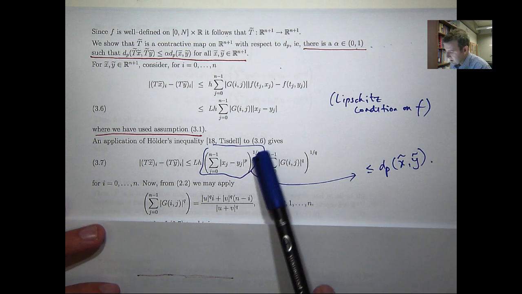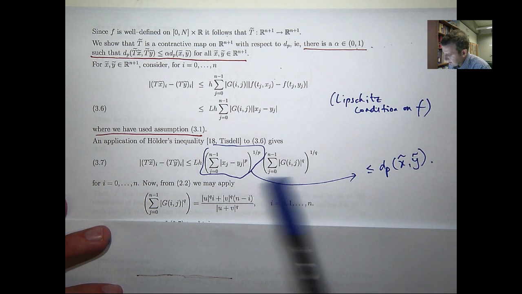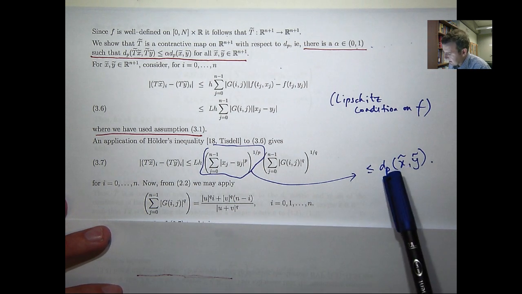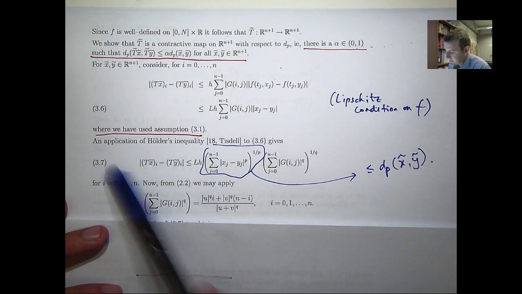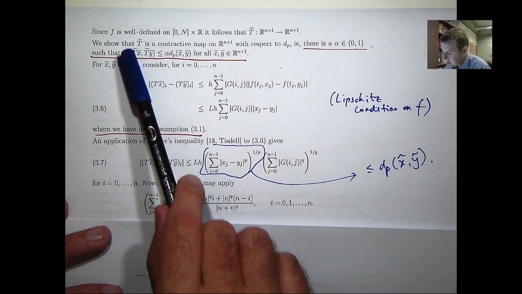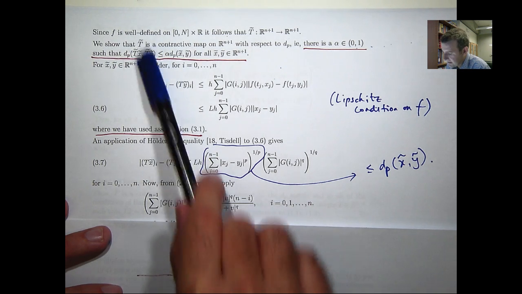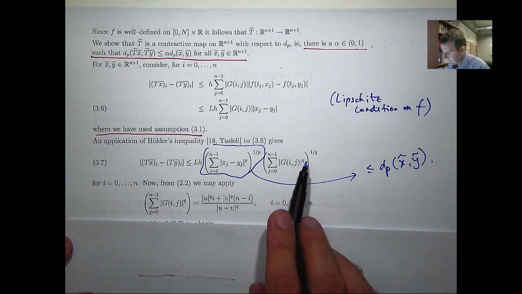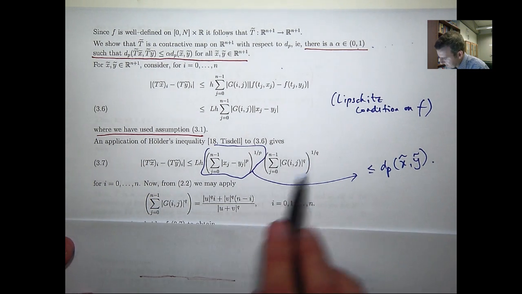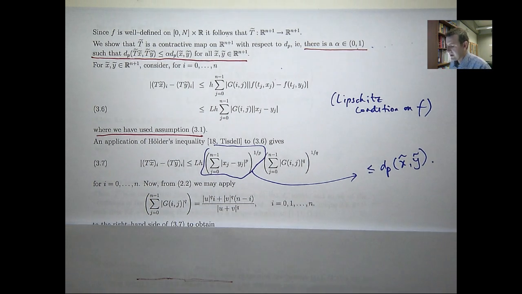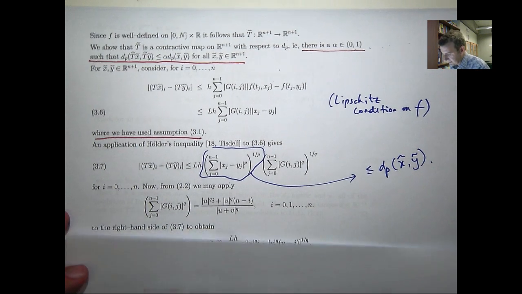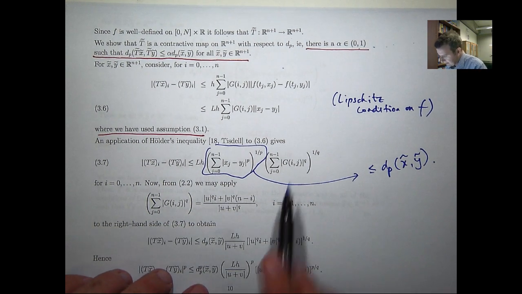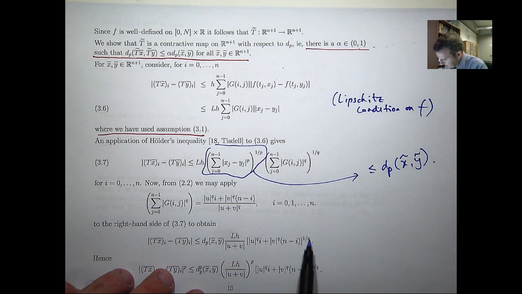Okay, so what I've got now is this right-hand side is in terms of this metric d sub p, and I'm going to try to express the left-hand side in terms of d sub p of this. Okay, well, I can simplify what's in this big bracket just by the earlier lemma in section 2 to get the following. So I can just replace this with all of this.